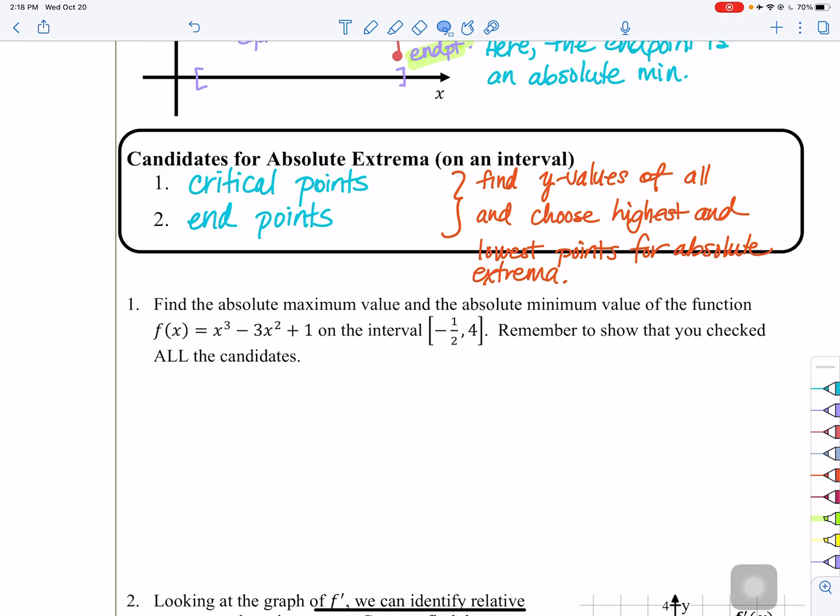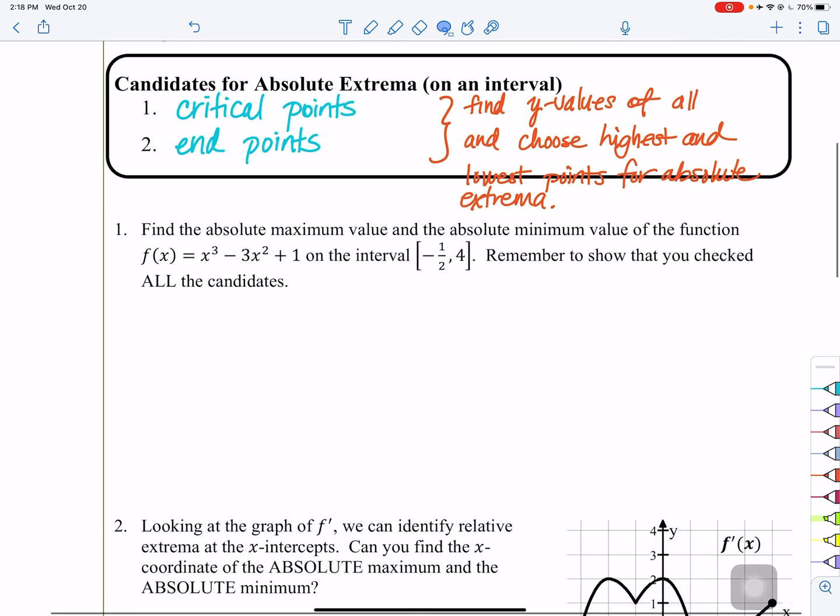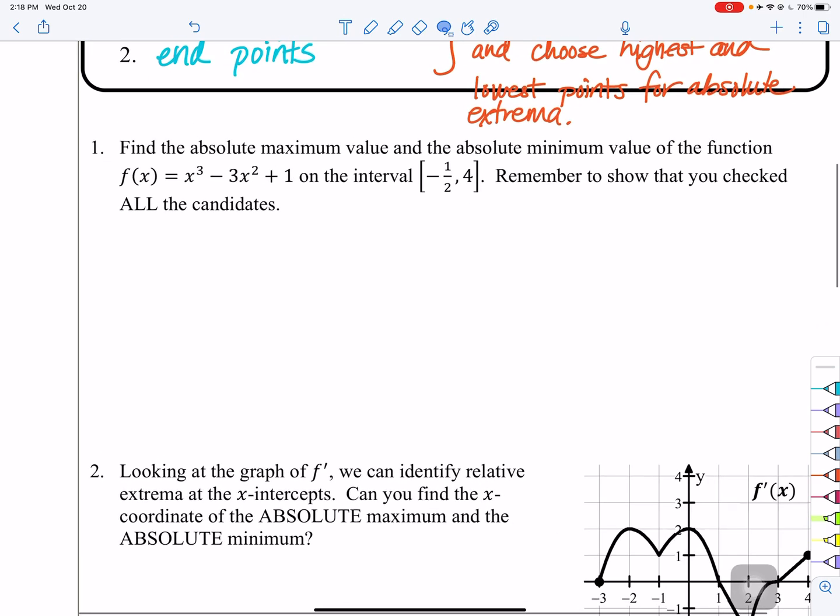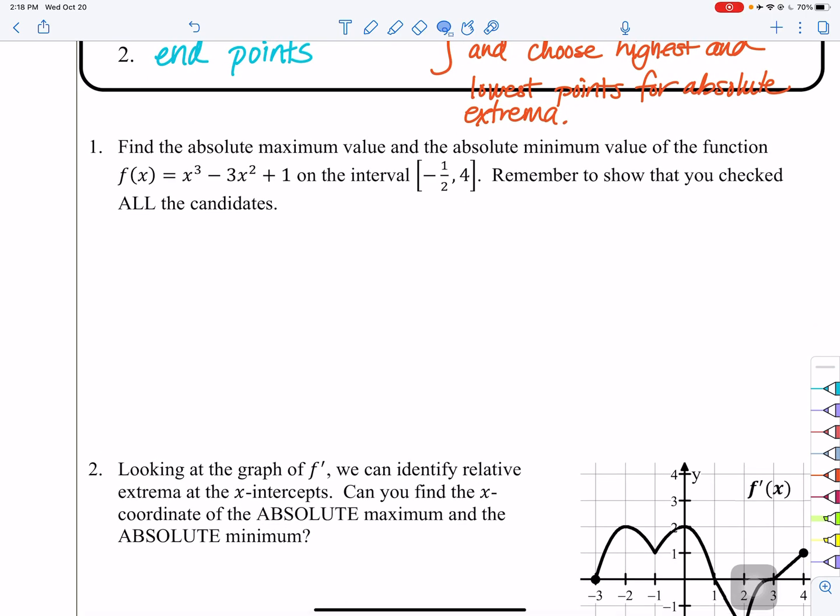We're going to be looking at the critical points and also the endpoints. In number 1, find the absolute maximum value and the absolute minimum value. So here's our absolute extreme values that we are looking for of this cubic function on this closed interval.